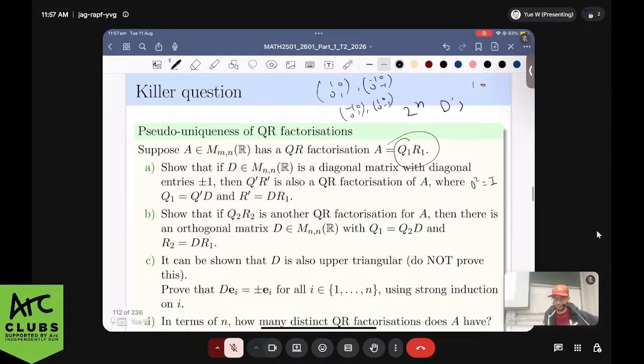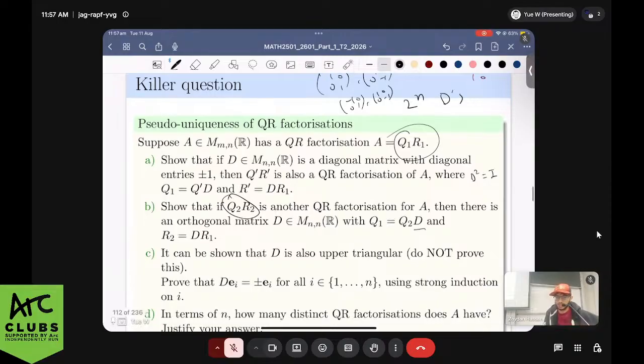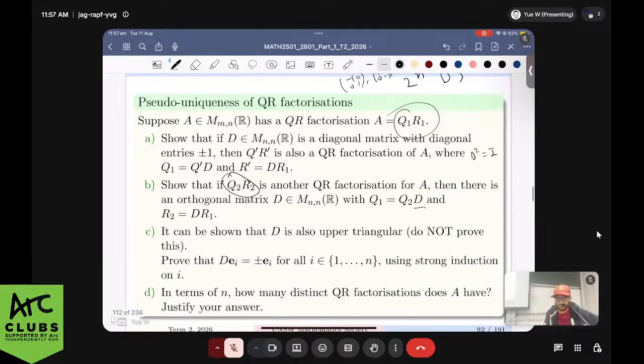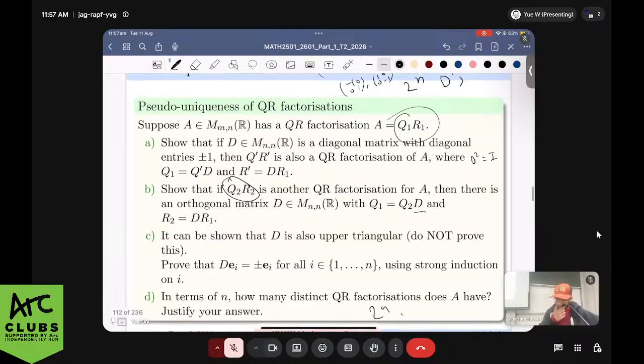Then part B shows if you have any other QR factorization, then it actually has to come from some matrix D of that form. And that means it has to come from one of the 2 to the n generated ones. So actually, this means that there has to be exactly 2 to the n different QR factorizations. Okay.